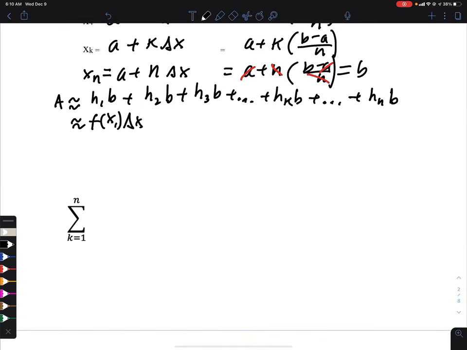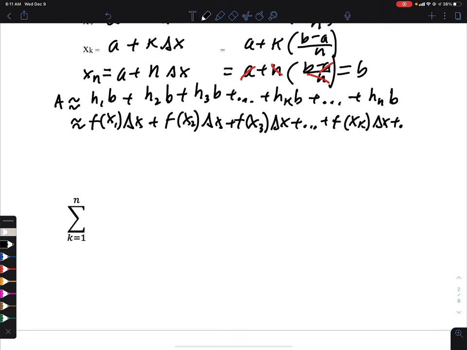So we're going to have f of x1 delta x plus f of x2 delta x, f of x3 delta x, f of xk delta x, and f of xn delta x. Running out of room here. I'll start further left.